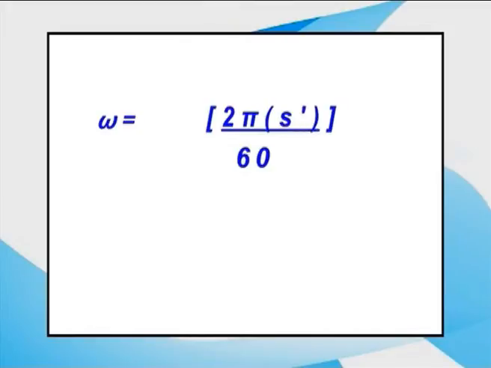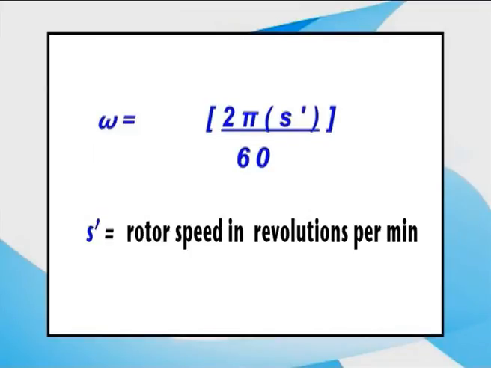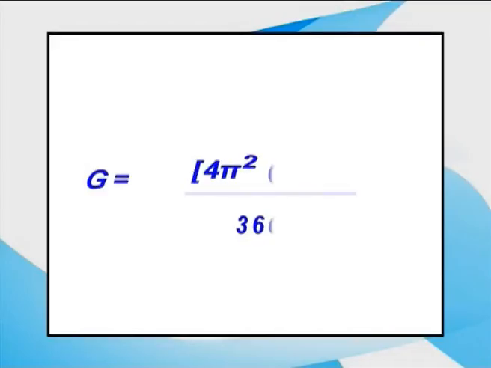The angular velocity of the rotor in radians per second is given by ω = 2πS'/60, where S' is the rotor speed in revolutions per minute, and hence the centrifugal field can be expressed as G = 4π²S'²r/3600. The centrifugal field is more commonly expressed as relative centrifugal force RCF, which is the ratio of the centrifugal acceleration at a specified radius and the speed to the standard acceleration due to gravity, and can be calculated from this equation.